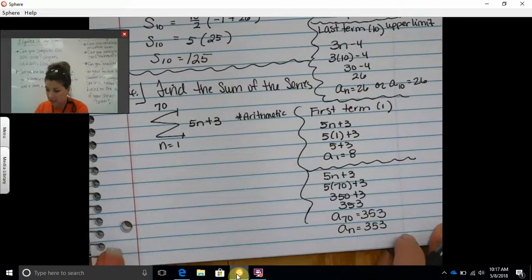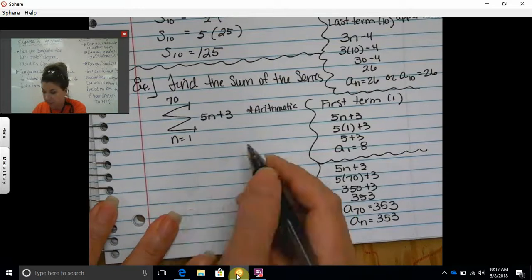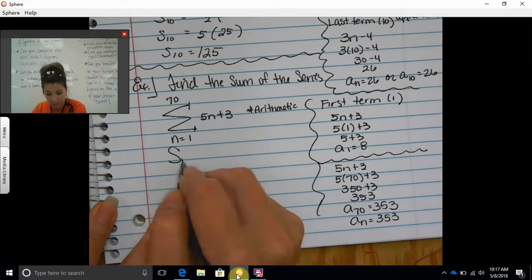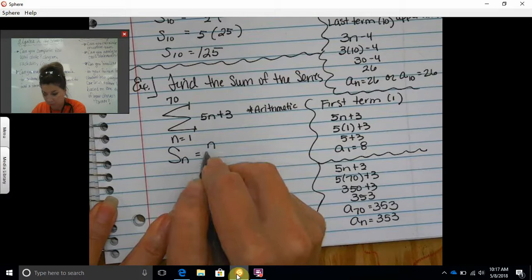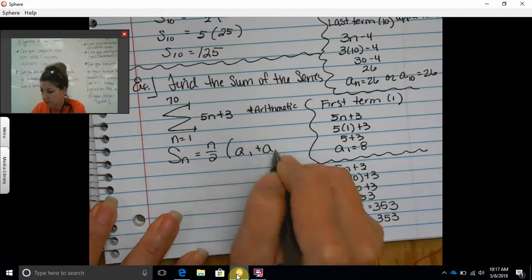Now I have what I need. I can use my formula to find the sum of the first through the 70th term. And I'll just do this quietly. Y'all can do it on your own.